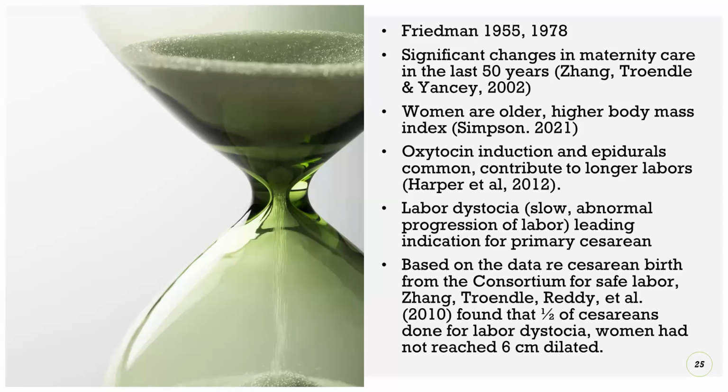What was happening in the maternity world in 1955? Well, that's when we were using scopolamine and twilight sleep. And a lot of this research was done with women that were under scopolamine and twilight sleep. So even that right there is going to change how women today are laboring, because they're not under amnesiac drugs. They're not under the influence of that.